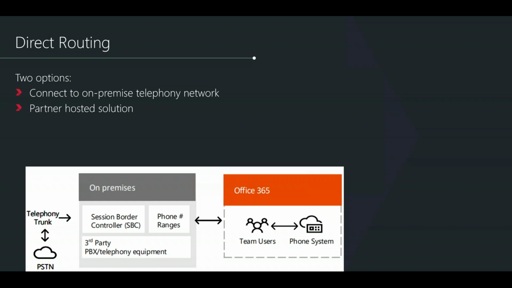Basically, if you have an existing PBX estate which you want to keep, you can use direct routing to, in effect, hook up Microsoft Teams to that existing PBX estate. So this used to be, before it was generally released, called Bring Your Own SIP Trunking, which I think gives you an idea of what they're trying to achieve. And as I said, it basically allows you to connect your existing phone system to Microsoft Teams.